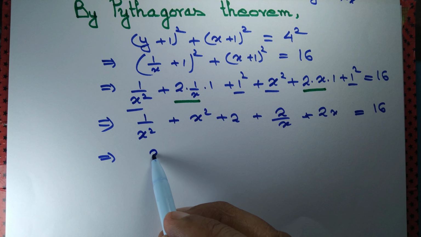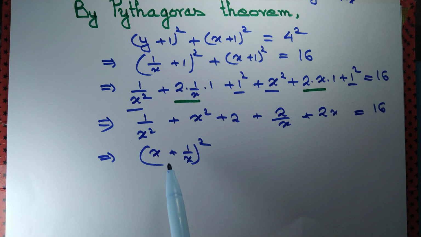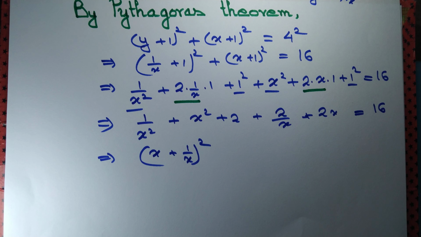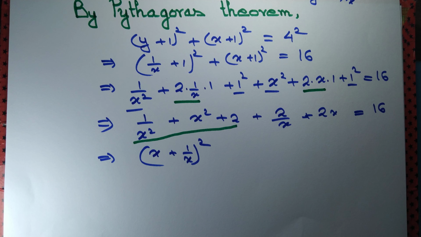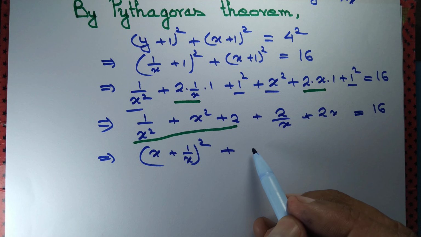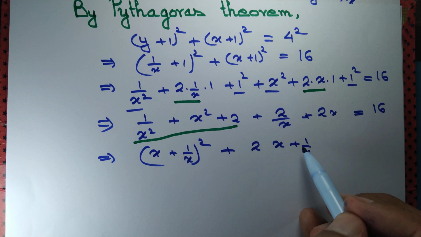If you expand (x plus 1 by x) whole square, you will get x square plus 1 by x square plus 2 into x into 1 by x. So yes, this expression is simply equal to (x plus 1 by x) whole square. But what about this one? If you take 2 common, then you get x plus 1 by x.